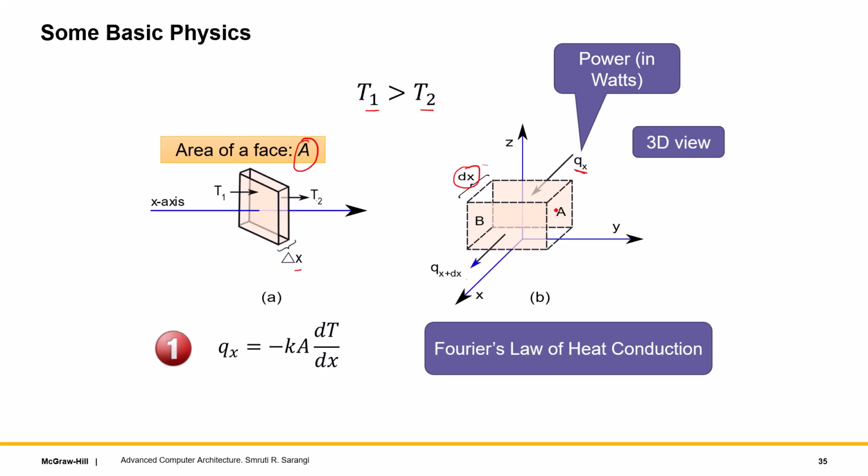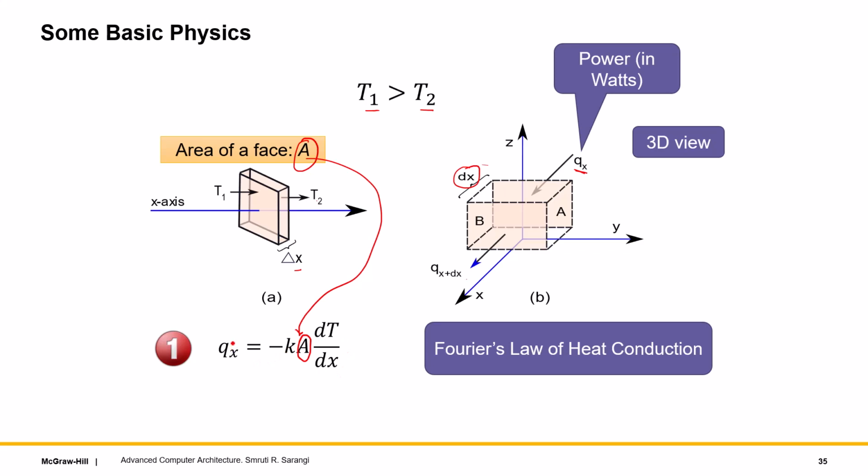Fourier's law of heat conduction, which is essentially the only law that you require, basically says that Qx is equal to minus KA dT by dx. There's a little bit of confusion here that we are numbering the faces A and B and also using A for the area. But this is the area A. That's a bad habit, it shouldn't be done. I've sadly done it.